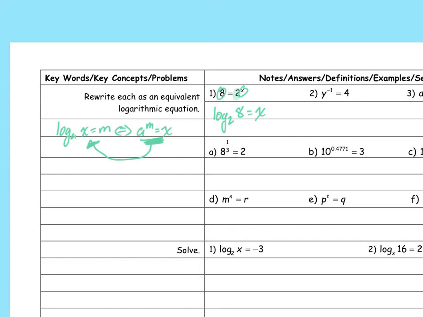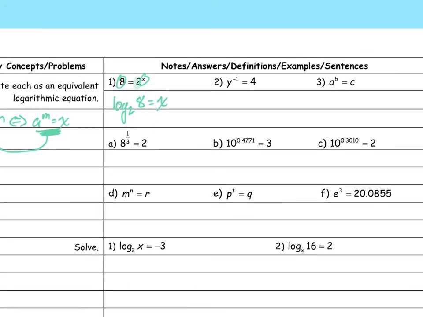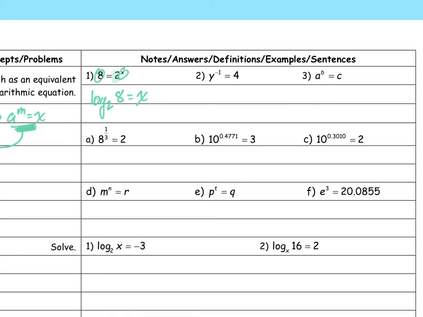Okay, same thing on the next one. The base of my exponent, which in this case is y, becomes the base of my logarithm. So I have log base y. And then these just switch positions. Log base y of 4 equals negative 1.